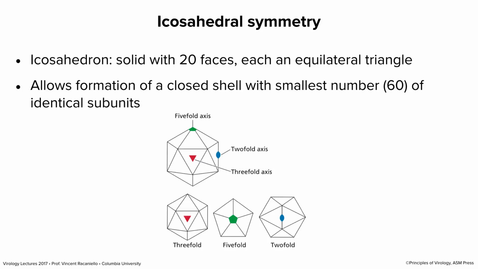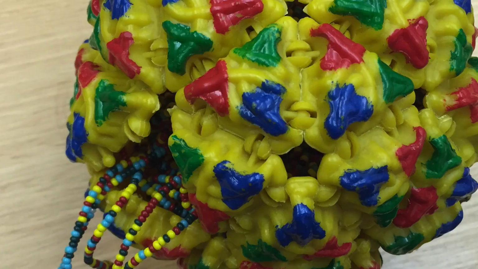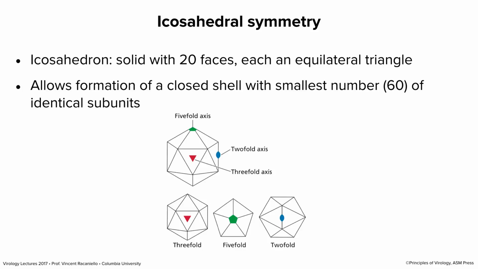Now, this virus particle on the table here, poliovirus, is built with icosahedral symmetry. It doesn't look like an icosahedron. It's spherical, right? So these viruses are not actually icosahedrons. They're built with icosahedral symmetry, which means a solid with 20 faces, each a triangle, and you can make the smallest one with 60 subunits. So this is correct.